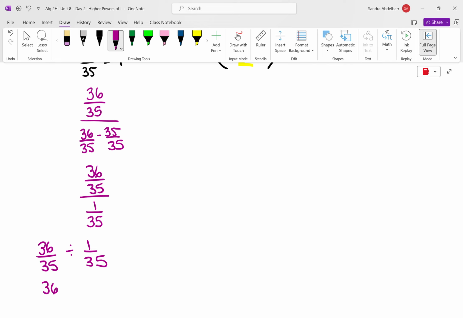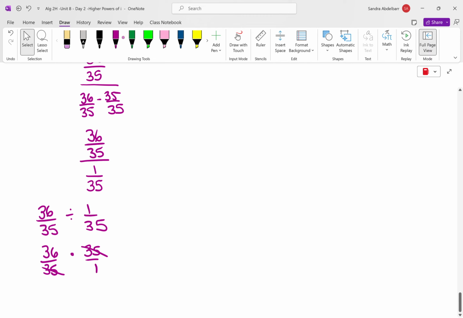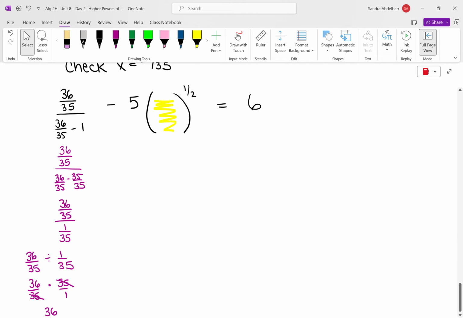Everybody still with me? All right, well, isn't this 36 over 35 divided by 1 over 35? Keep, change, flip. What happens? 35s cancel, so it's just 36. That was the longer way.